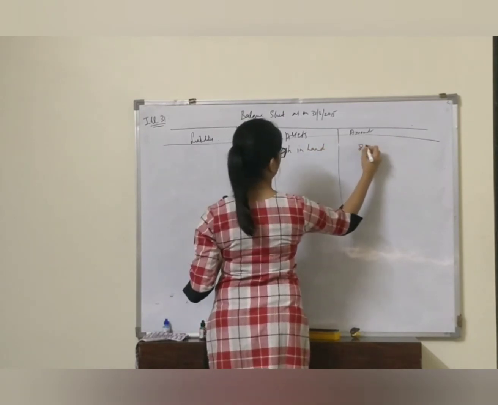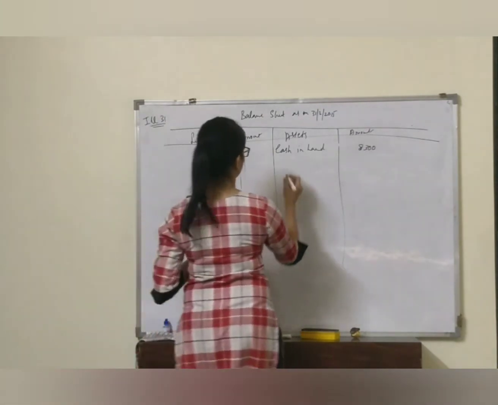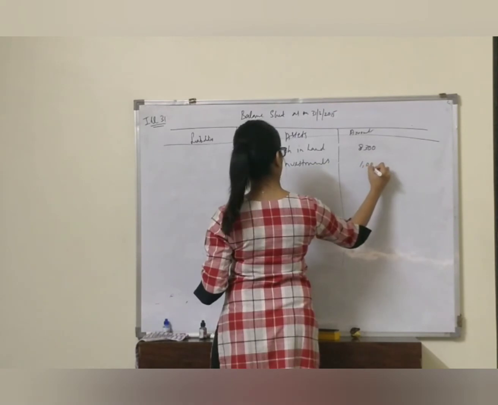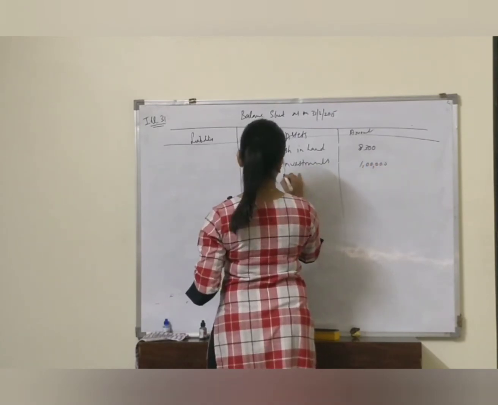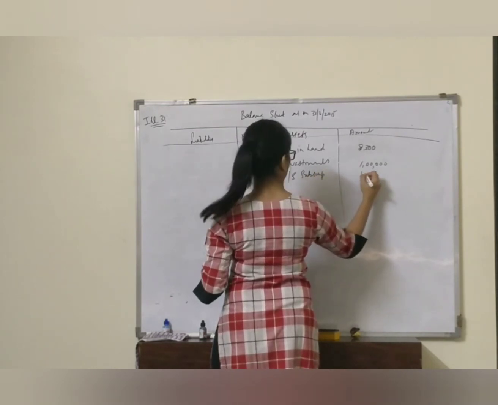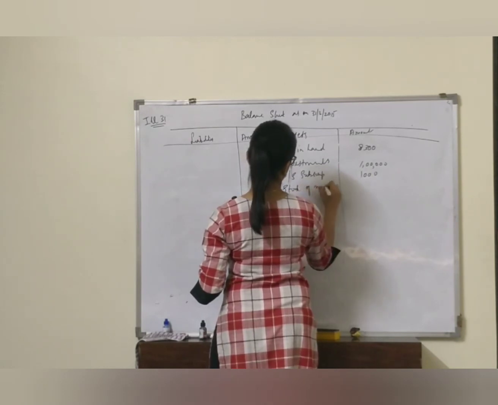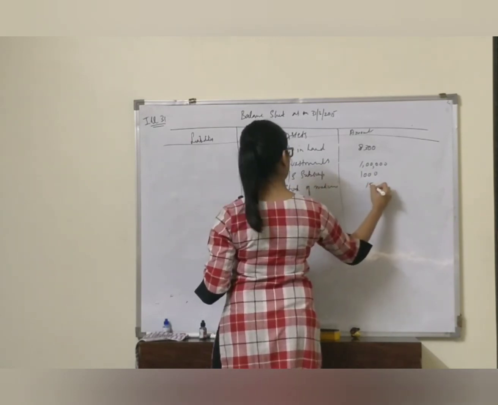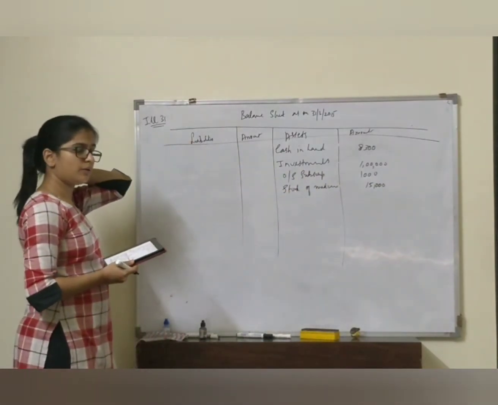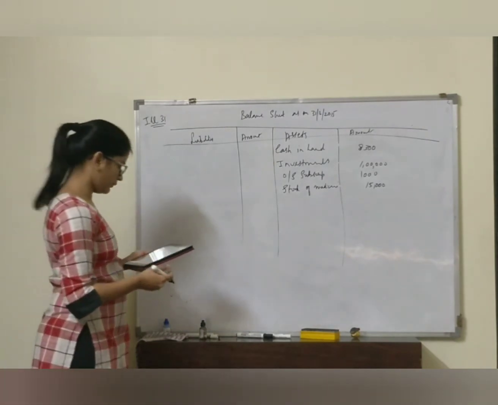Our closing balance that is 8,300. Then we have investments, 1 lakh. We have outstanding subscription, 1,000. We have stock of medicines, 15,000. All this is the amount of our closing balance.